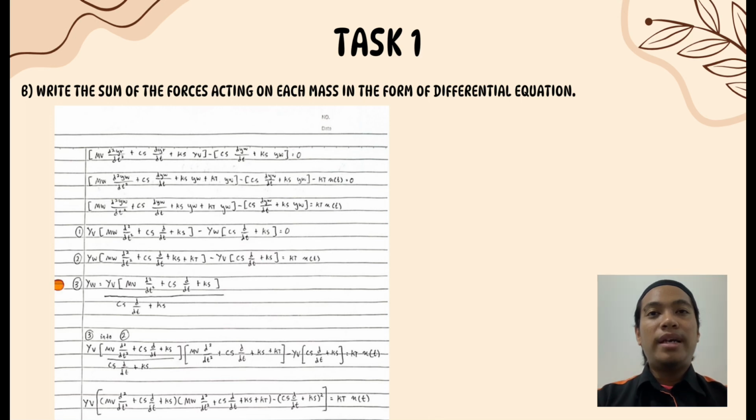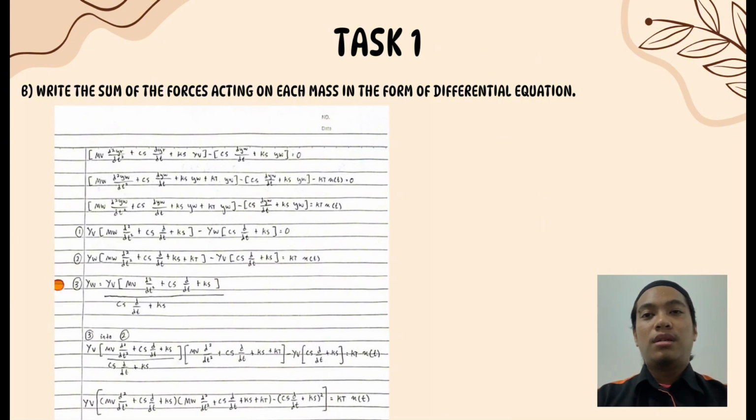And then we minus CS plus KS, which is the equation attached with the MV mass block. After that, we minus the KTXT, which is attached with ground. After that, we bring the KTXT to the right, because the KTXT is a different variable.